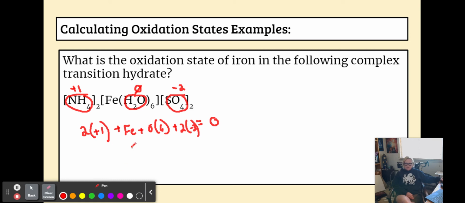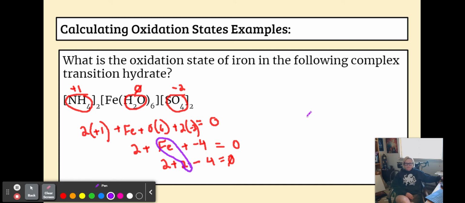So I'm going to end up with 2 plus whatever my Fe is going to be, plus -4 has to equal 0. So doing my math here, I realize that the Fe has to be +2. It's +2 plus 2 minus 4 equals 0. So that is going to be my oxidation state for my Fe. I'd write the answer as Fe +2.